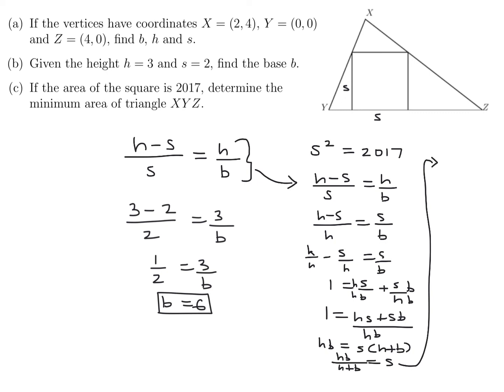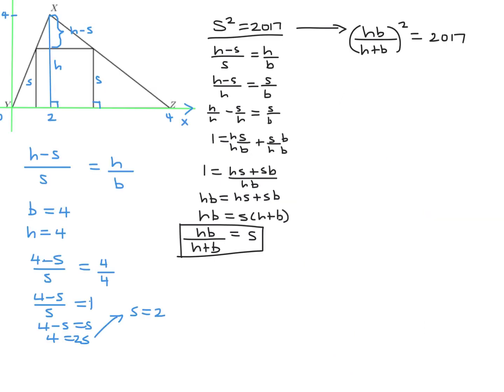So since now I have s is equal to hb over h plus b, I can say that s squared, because it's equal to 2017, that hb over h plus b all squared is equal to 2017, like that. So that means that this is h squared b squared over h plus b all squared is equal to 2017.